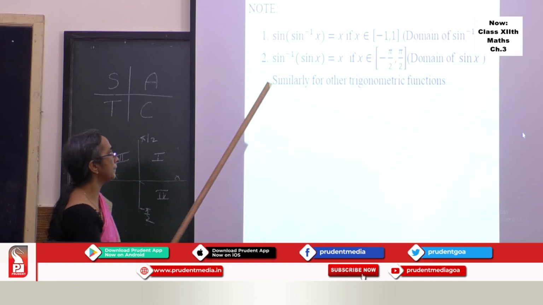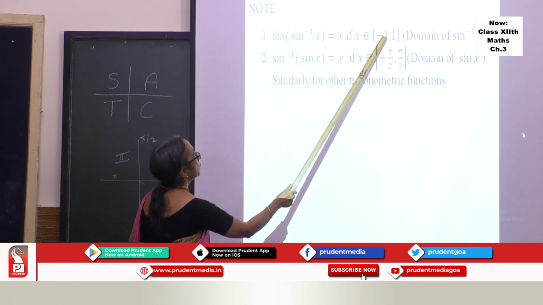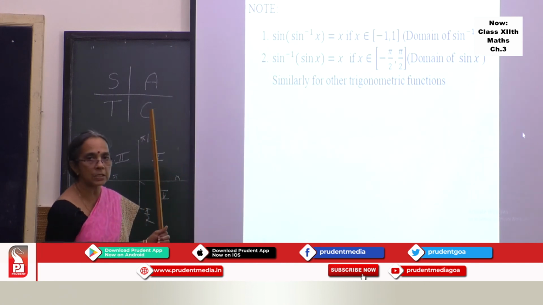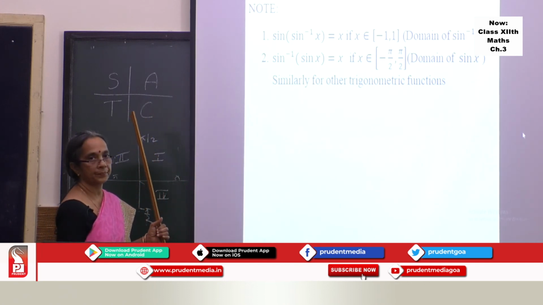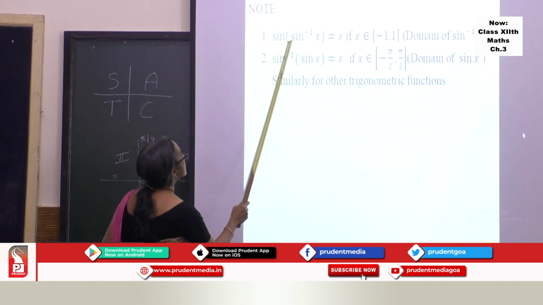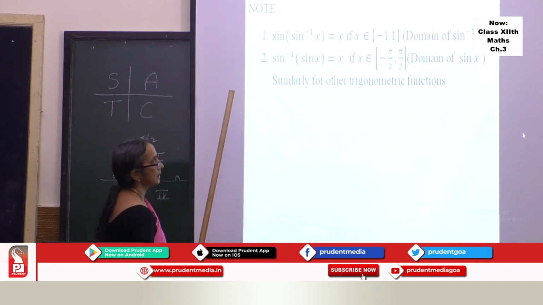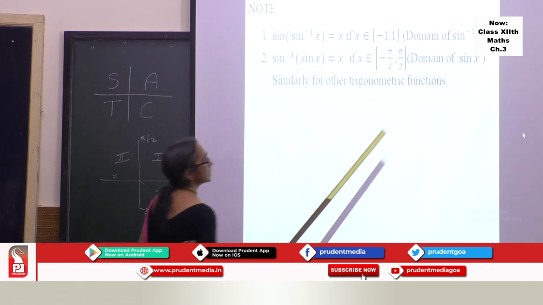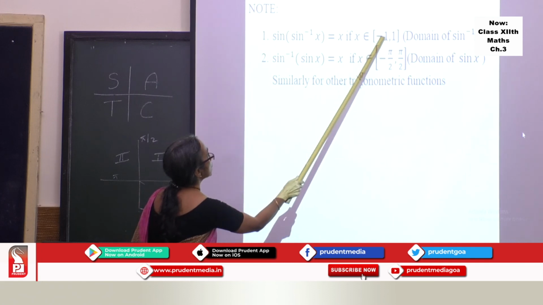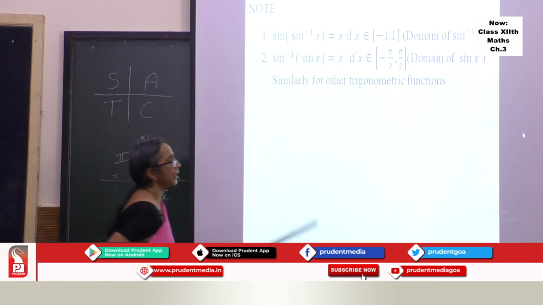It should be between minus 1 and 1, including minus 1 and 1. You will not get sine inverse of 2 because it does not exist. So, what is this interval? This is the domain of the sine inverse function. Therefore, x should belong to the domain of the sine inverse function.